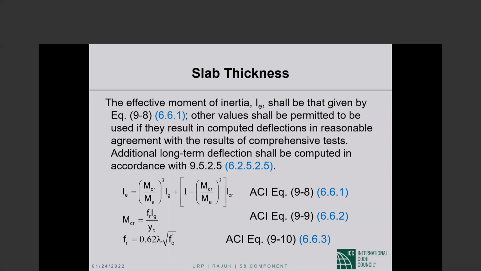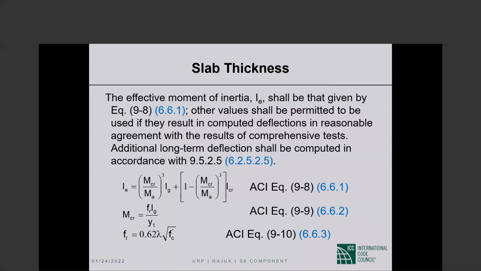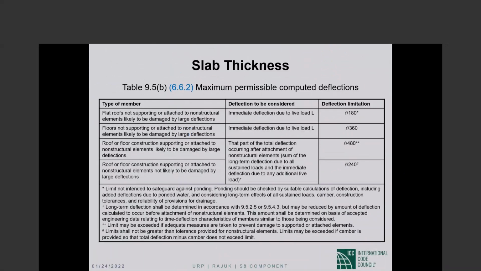Anyway, you will need EI in deflection calculation. E is the E sub C as given in ACI 318 or BNBC 2020. The effective moment of inertia is given by this expression. This we went over when we discussed beam deflection, nothing different.